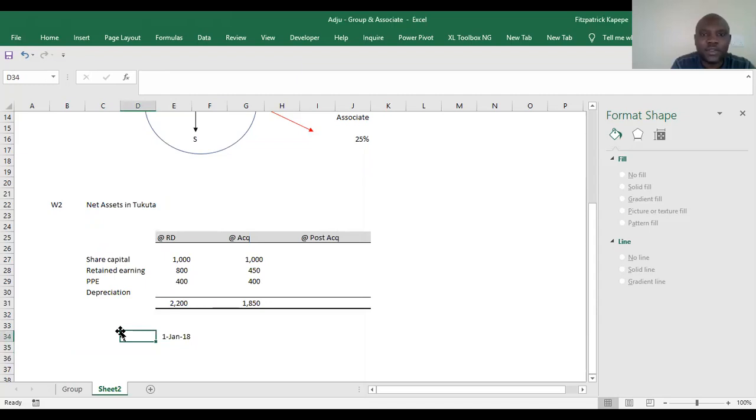Then you have that at acquisition. Then at report date, what is there at report date?